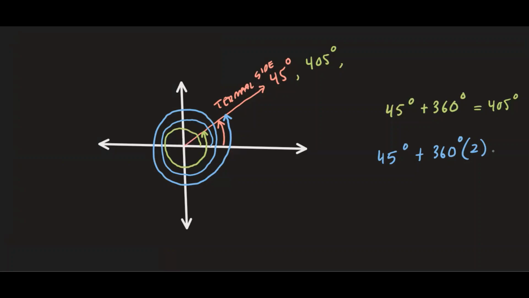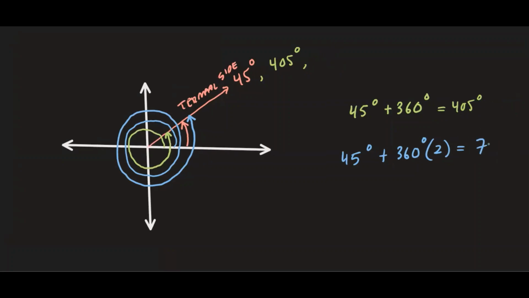We did 45 plus 720, that gave us 765. That's two cycles of 360, but still the same terminal side. Therefore, 765 degrees is also coterminal with 45.